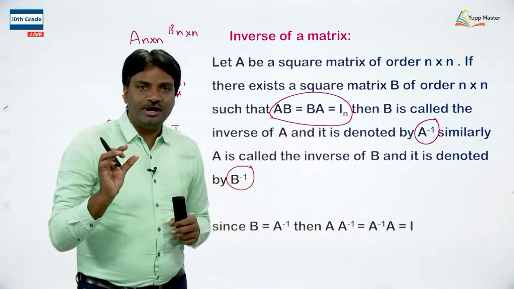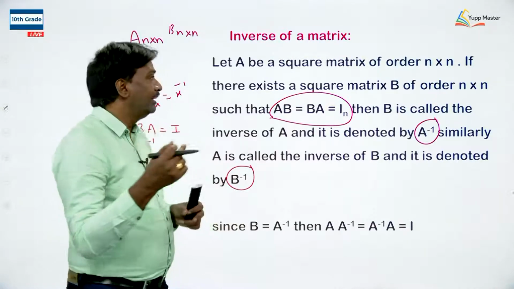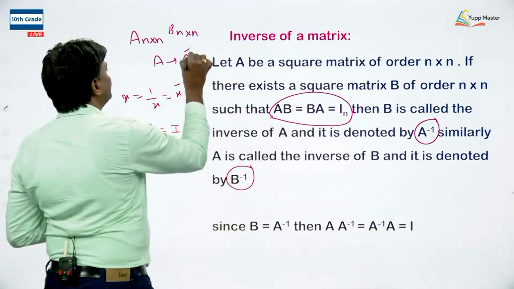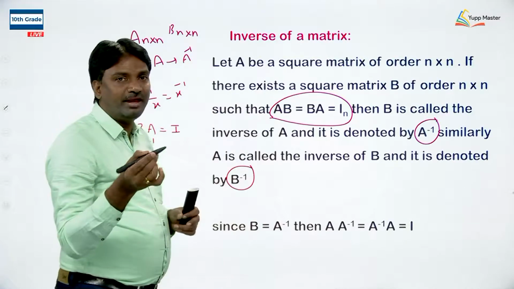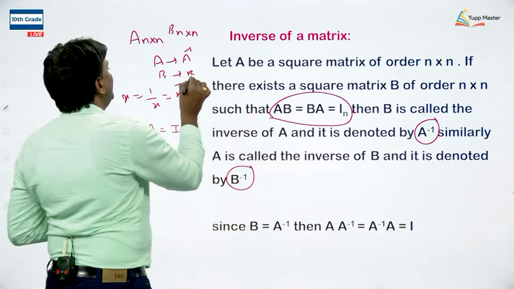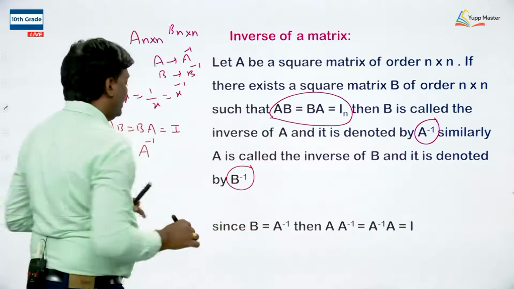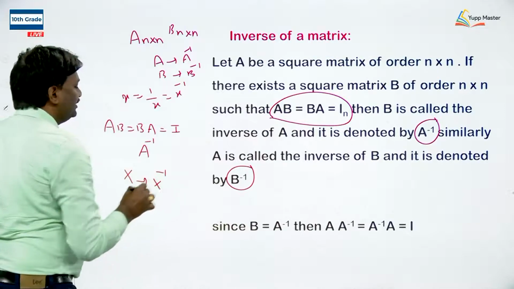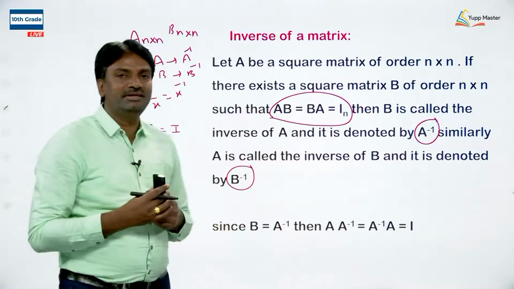If A is a square matrix of order n by n, then its inverse is denoted by A inverse. If B is a square matrix of order n by n, then its inverse is denoted by B inverse. If X is a square matrix of order n by n, then its inverse is denoted by X inverse.